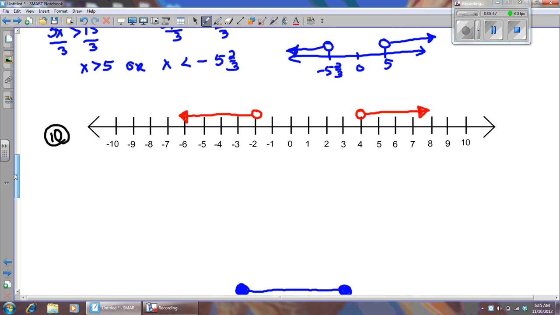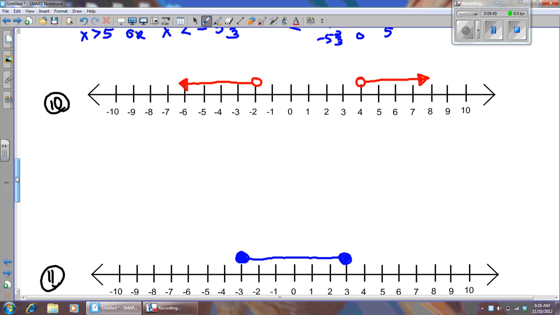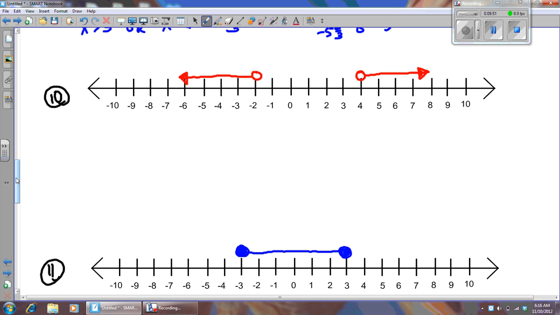Okay. Numbers 10 and 11, that's where I have to write the inequality. Remember, first I'm going to find the midpoint. And it looks like negative 2 plus 4 divided by 2, looks like that'll be 2 divided by 2, which is 1. What would make my expression turn to 0?